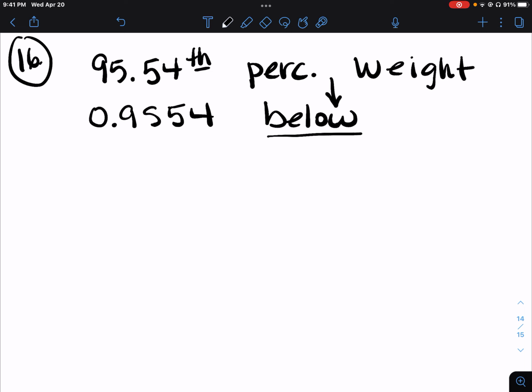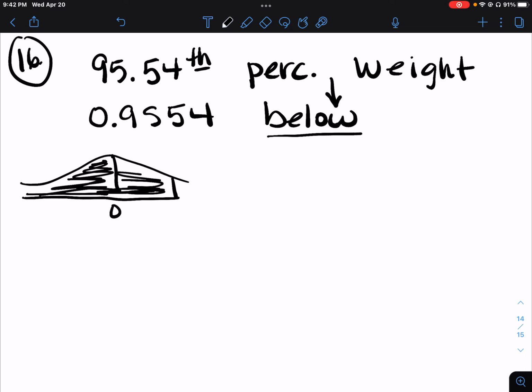That means 95.54% of babies weighed less. Since that's above 50%, we know it's on that right side, because 0 cuts off 50%, and this is much more than 50%.